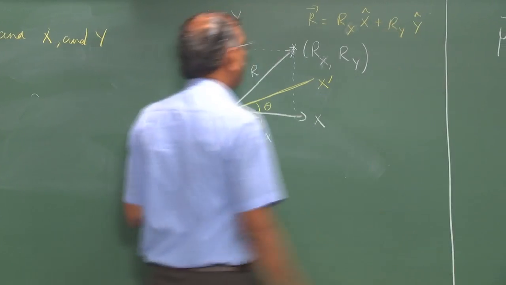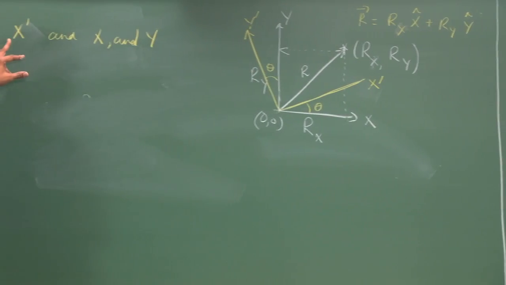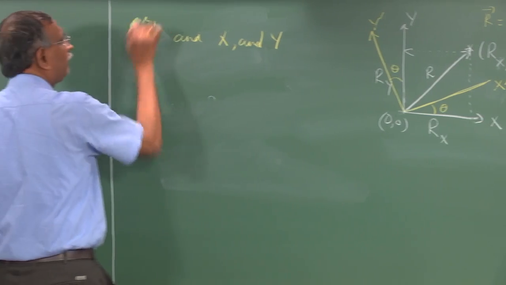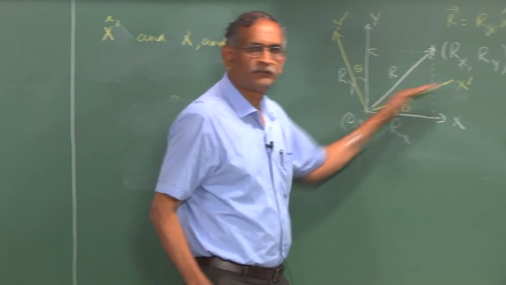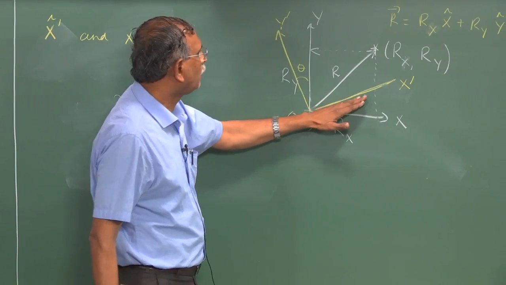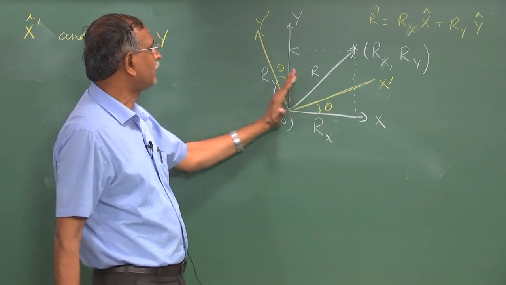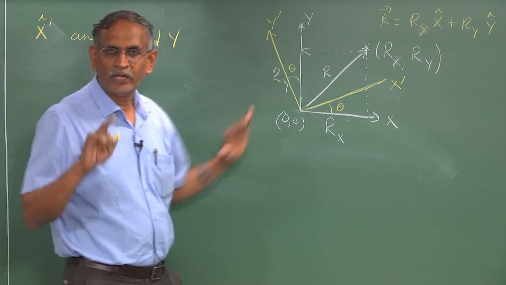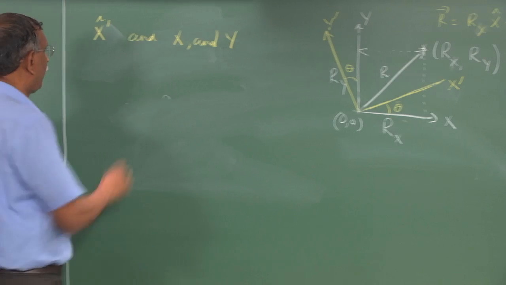y unit vector. Okay? Now x prime is now the unit vector in this direction, and obviously it has components in both the directions of x and y. Therefore x prime has components in both these directions.